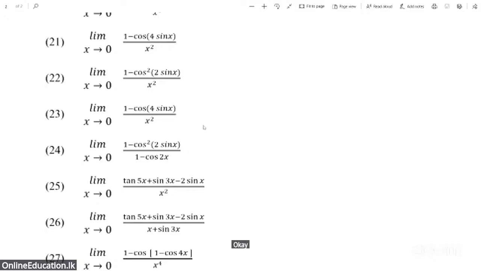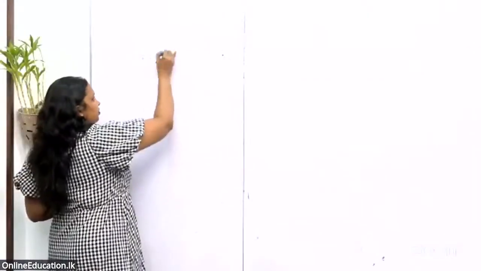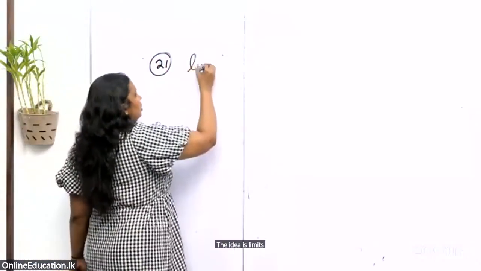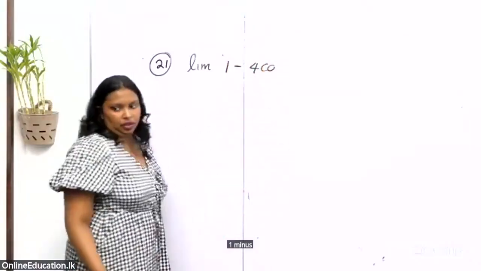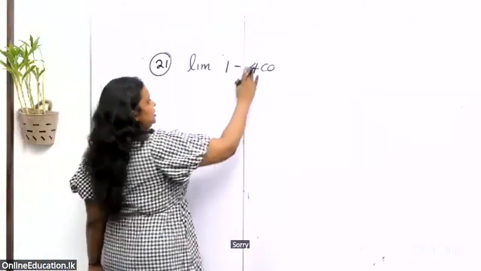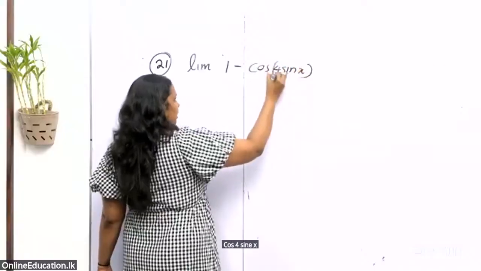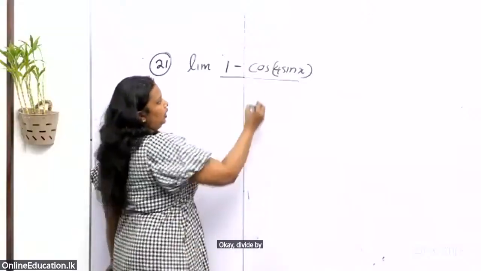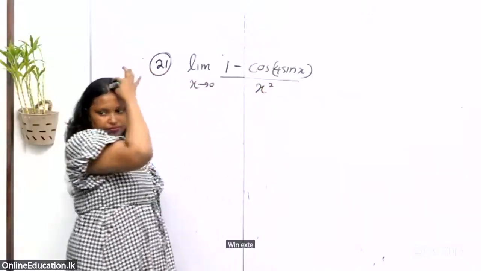Okay, look at the board now. Number 21: limit of 1 minus cos 4 sin x, divided by x squared when x tends to 0.